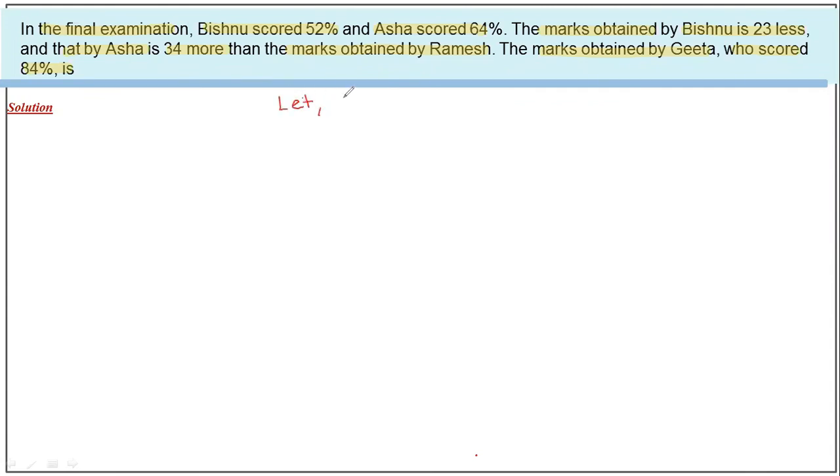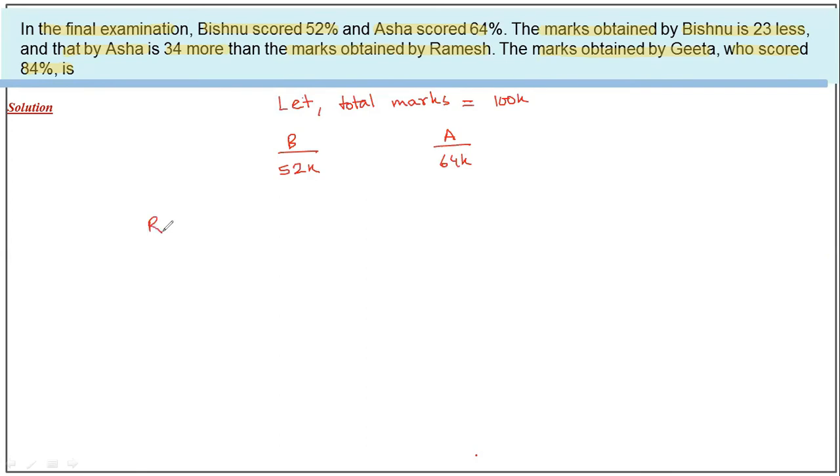Okay, so let total marks be 100k. Then Vishnu scored 52k and Asha scored 64k.